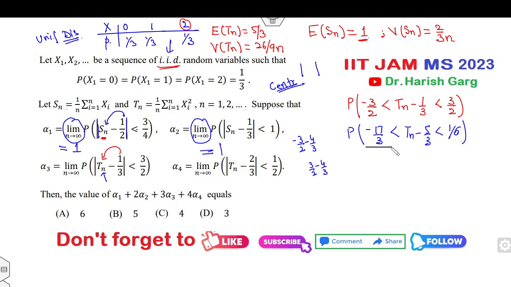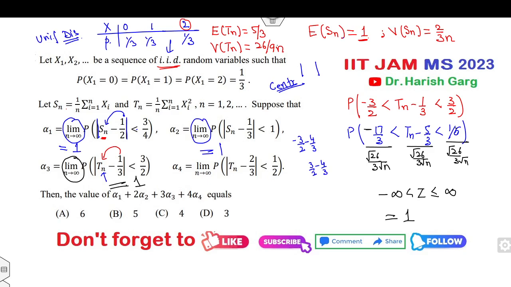Then I can divide both sides by the root of 26 over 3 root n. This portion becomes my Z, with root n in the numerator. And when you take n approaches infinity, this is infinity, this is minus infinity. So the answer is again 1. So this answer is also 1.